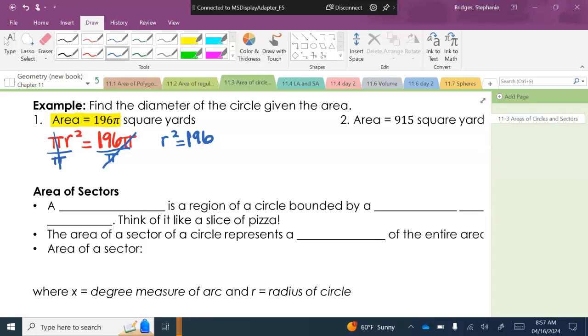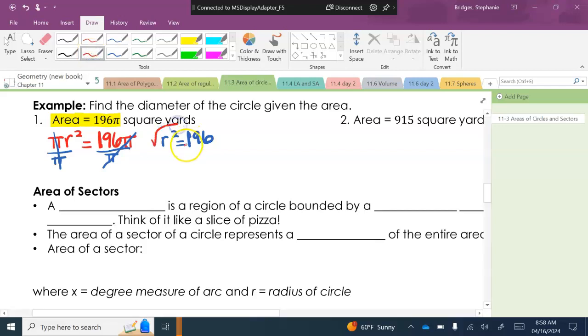No. What did they ask us for? Look in the directions that say find the diameter. So right now, I have that the radius squared is equal to 196. Is that the radius? No. How do I find the radius? How do you undo a square? Square root.